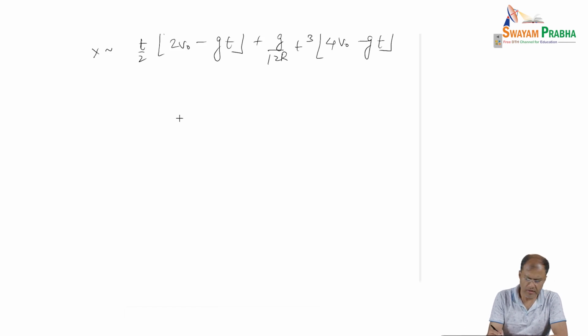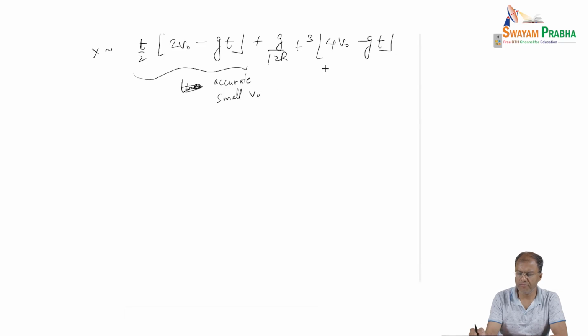Notice that the first term is the linear term. This is the first term, and this is accurate for small velocities, for small v naught, right? And if we have high velocities, we have to introduce higher order terms.